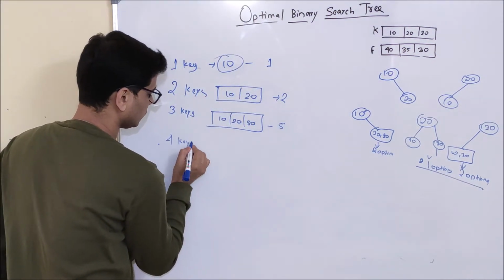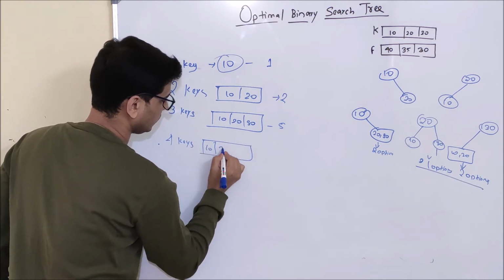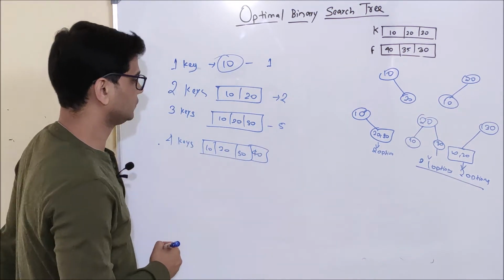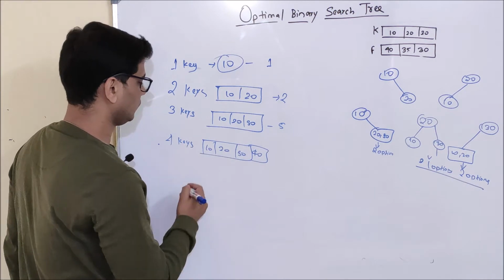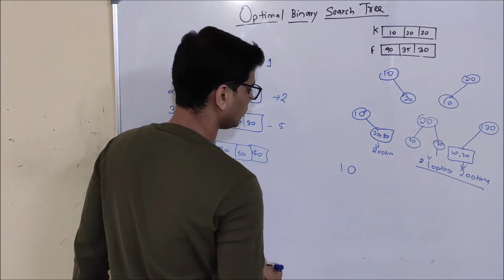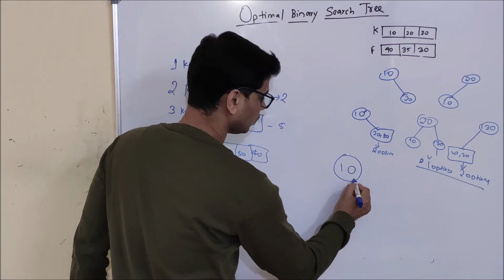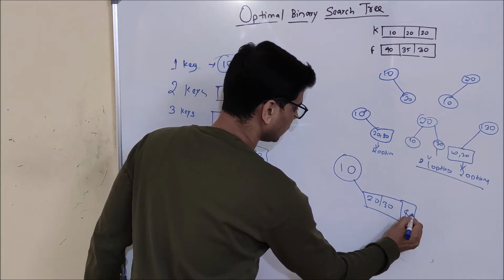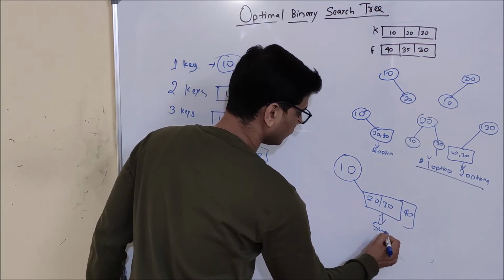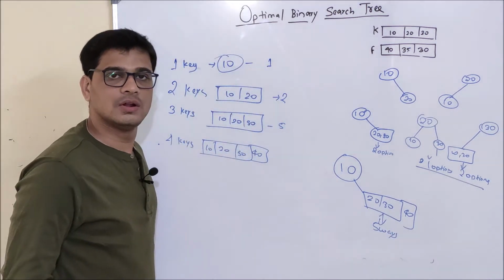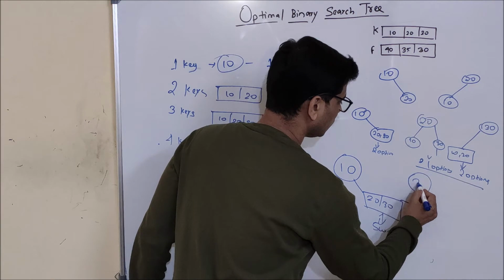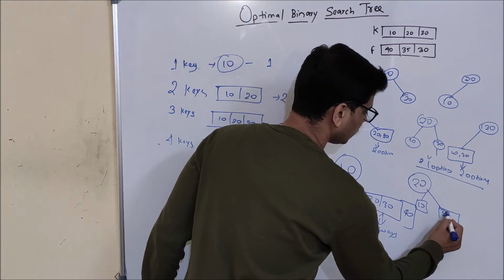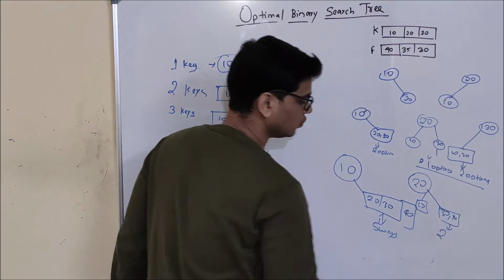Suppose you have 4 keys, 10, 20, 30, 40. First you can make 10 a root. Then 20, 30, 40 will come here, and further you can arrange them in 5 ways. Now when you make 20 a root, 10 will come in the left subtree and 30, 40 will be here, and from here you will get 2 ways.